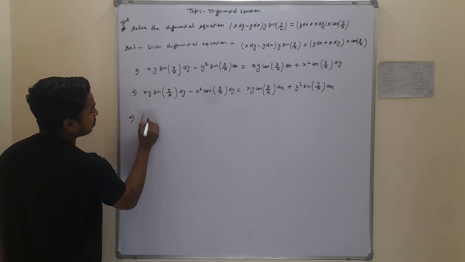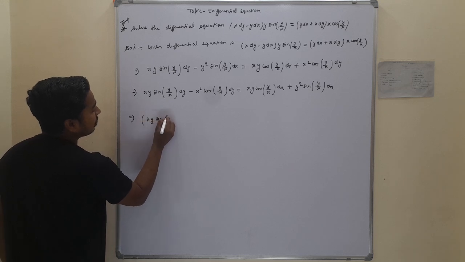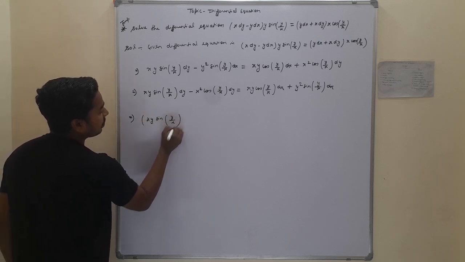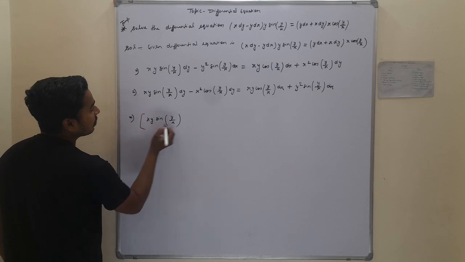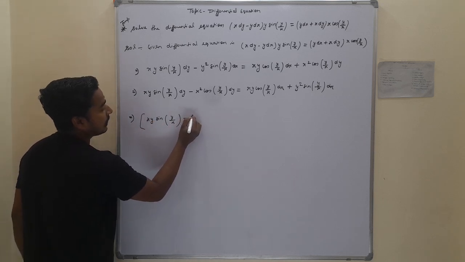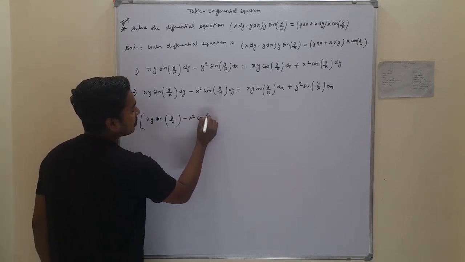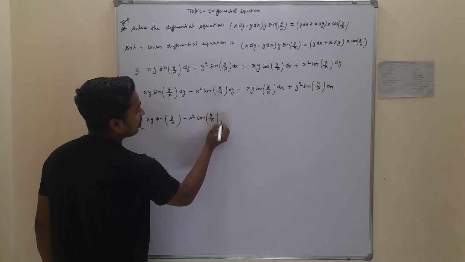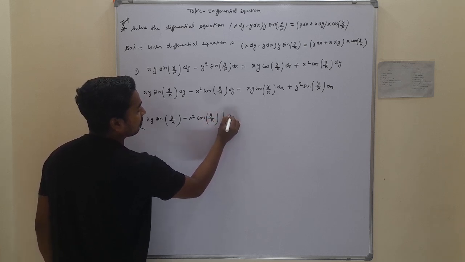This gives [xy sin(y/x) − x² cos(y/x)] dy, taking dy common from the left hand side.